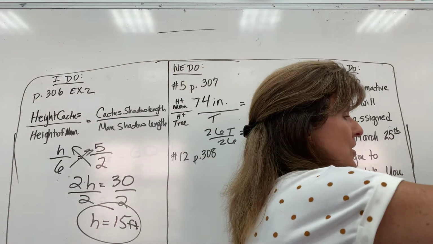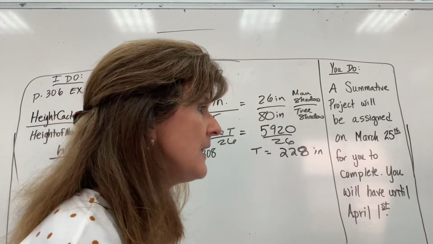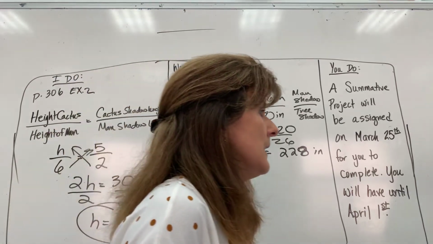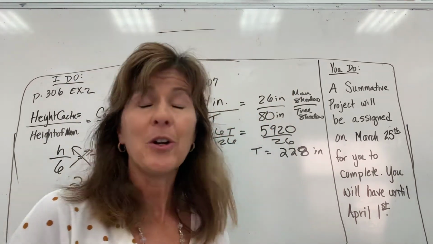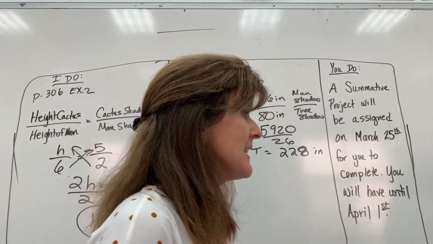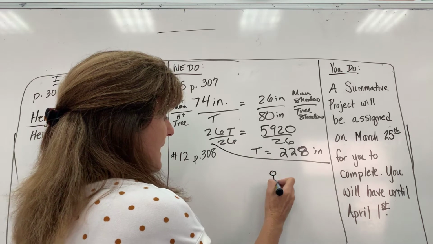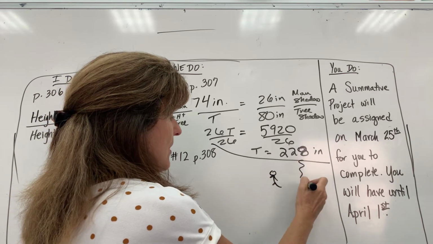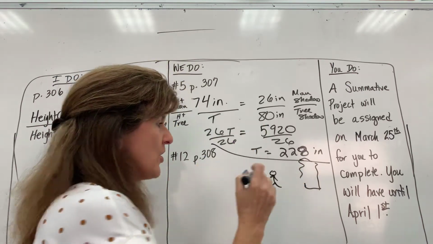Let's move on over to number 12. We have an unusual rock formation at Bryce Canyon National Park in Utah. I'm going to draw a little picture here. You have this man, and you have this rock formation, and they're standing next to each other.